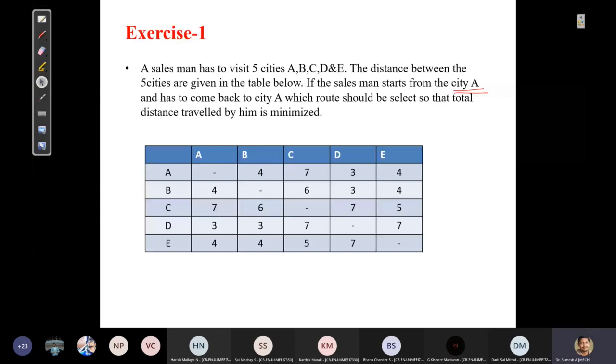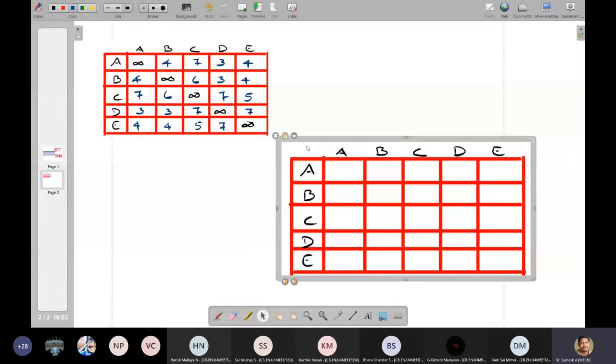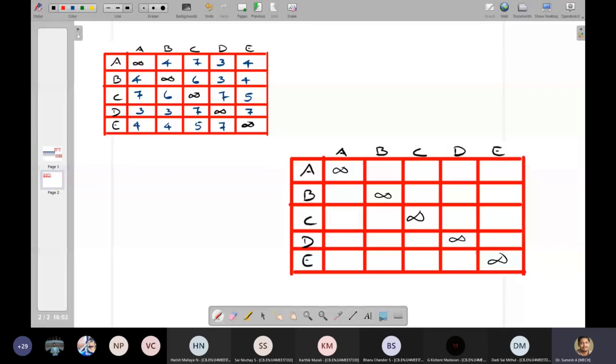Okay, so quickly we will try to finish it together. We will first perform the row wise operation. So the minimum is 3 over there. So this will become 1. So that is 1, 4, 0 and 1.